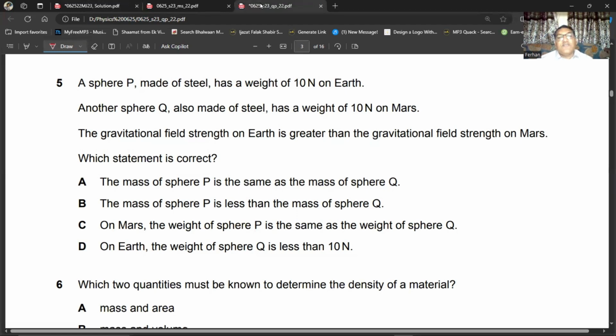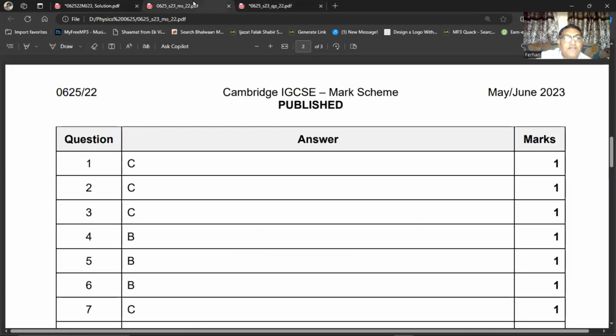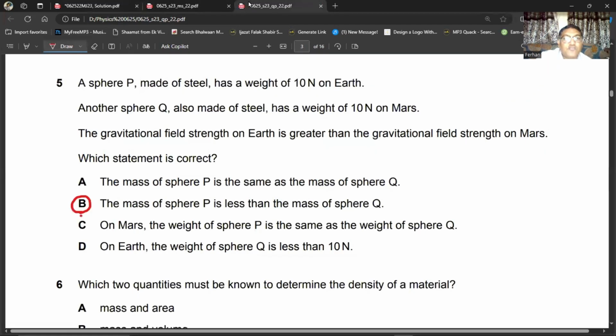On Earth, the weight of the sphere Q is less than 10 Newton? Maybe the mass of the sphere P is less than the mass of the sphere Q. About this, we are 100% sure. Question number 5, I think B is the right option, sir.